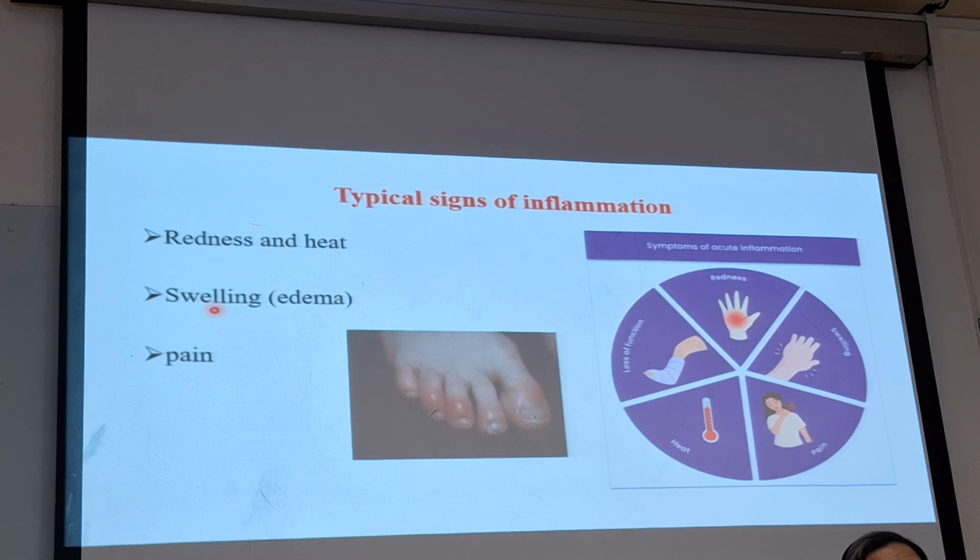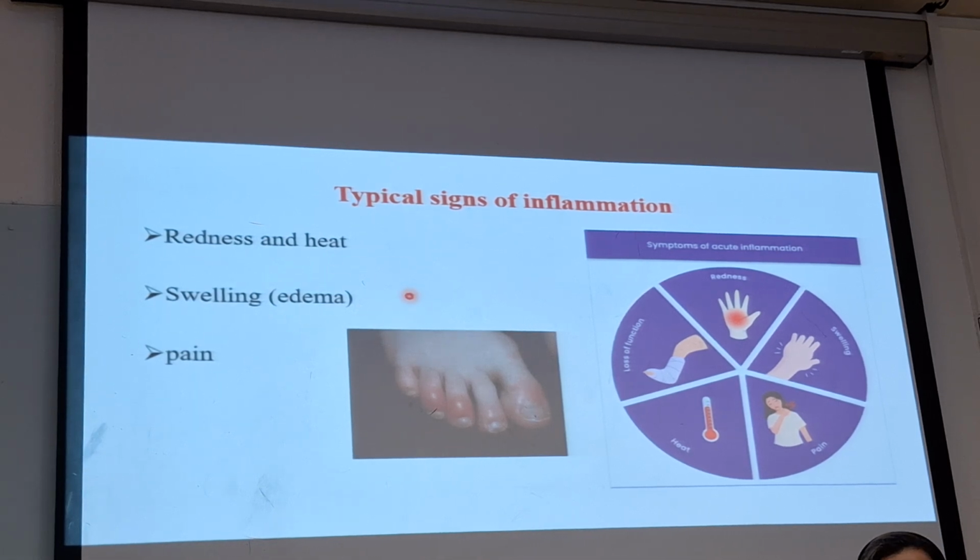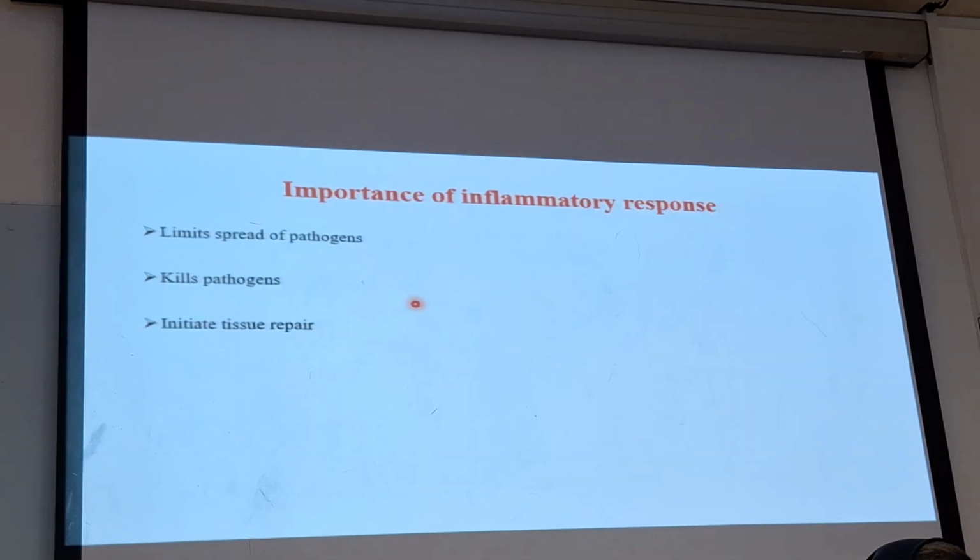And also because a huge amount of serum or blood fluid enters along with leukocytes to the site of infection, we have swelling or edema. And so the inflammatory response can be effective. Why?